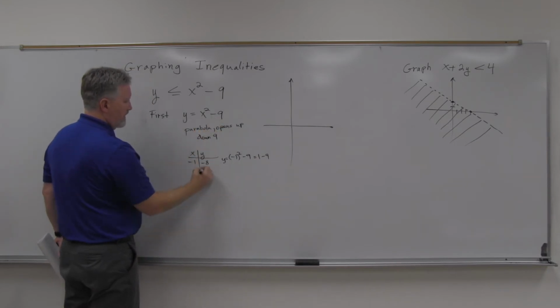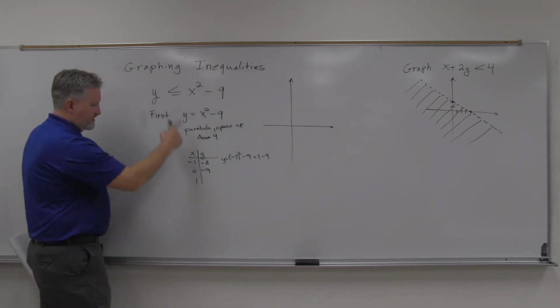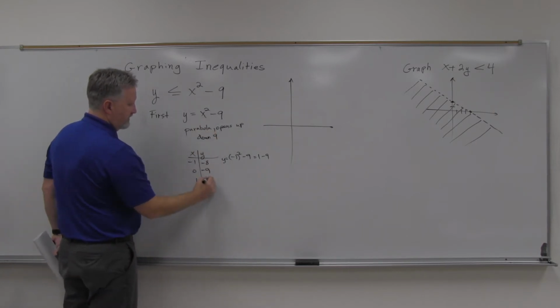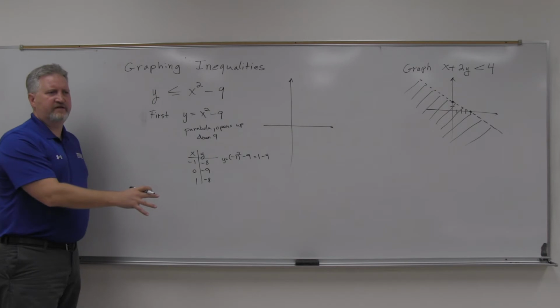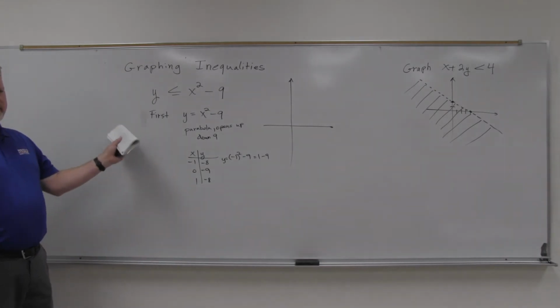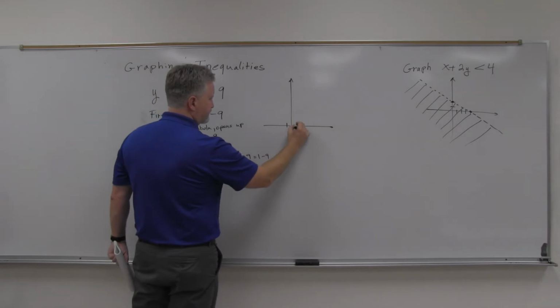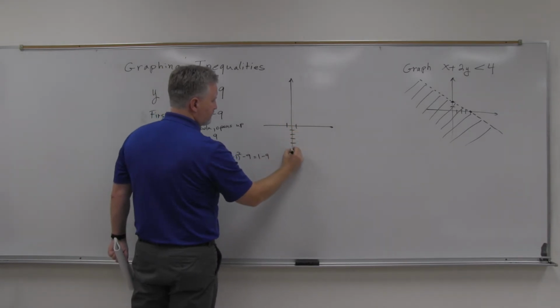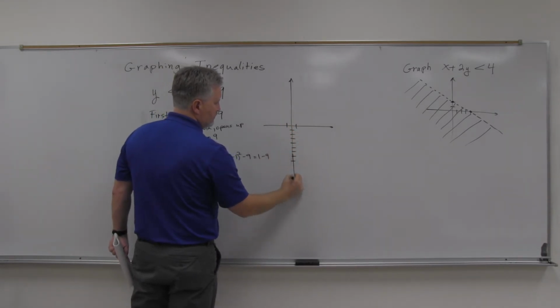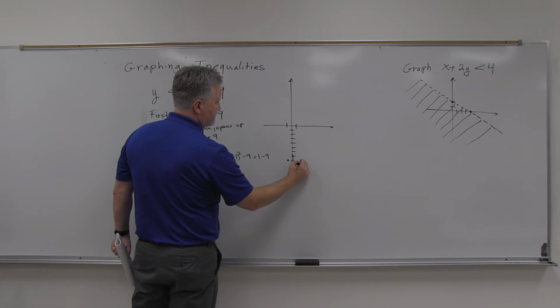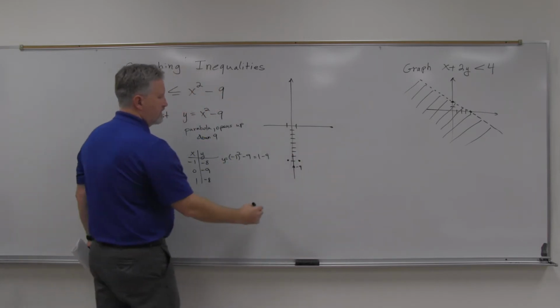If x is 0, y is -9, and then x is 1, we'd also have -8. And so just a couple of points to give you the width of the thing instead of making it too wide or too narrow. That's what I'm talking about. So 0, -9, and -1, and 1, -8.